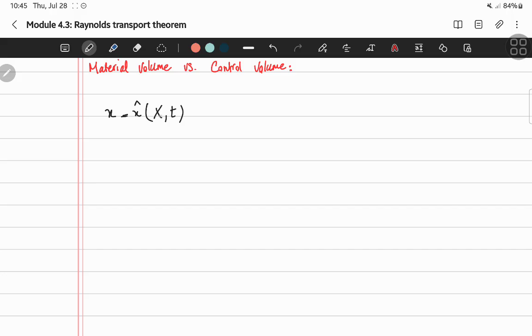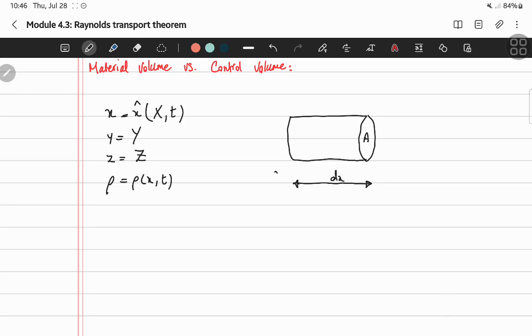So we can use capital X and T, and Y is capital Y, and Z is capital Z. And here we are going to use rho as the density to discuss the change of mass over a cylindrical volume that we have here. So we have a cylindrical volume with an area of A, and its length is dx. It starts from x1 and goes to x2.